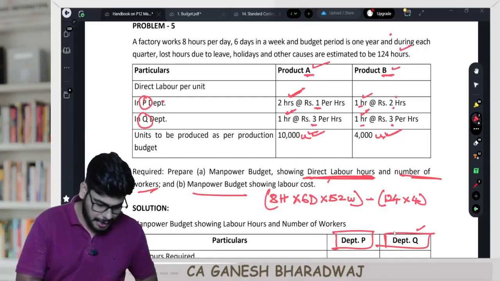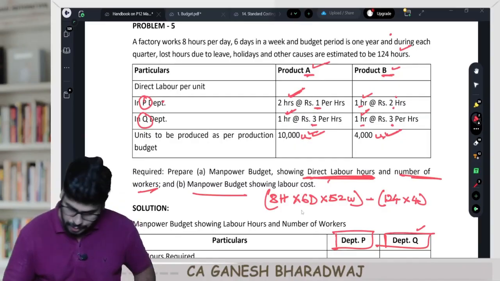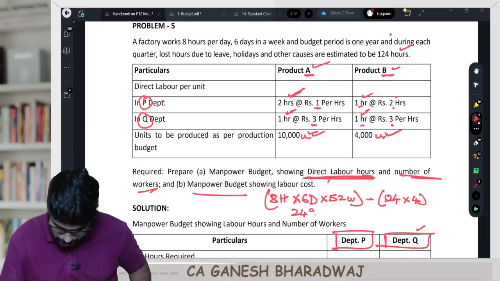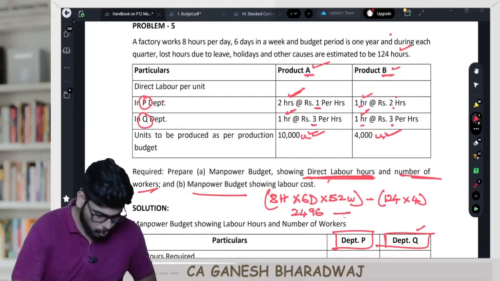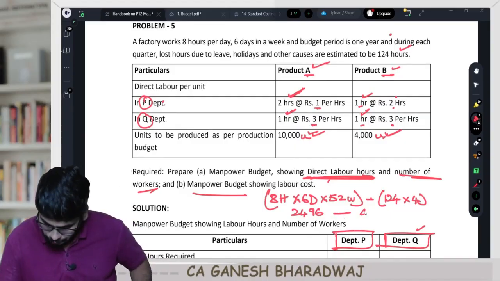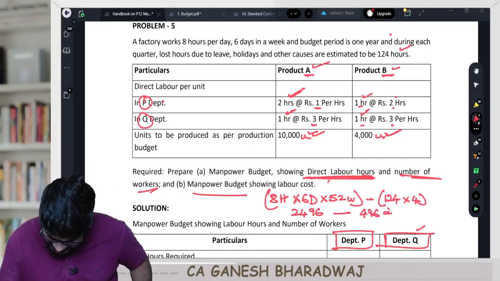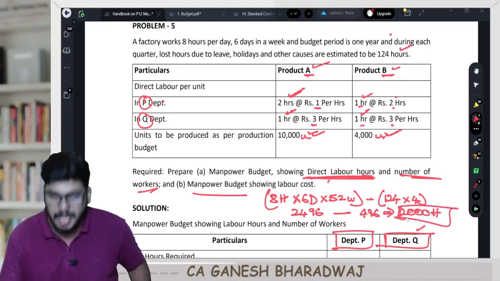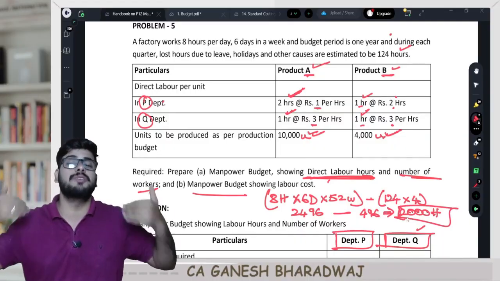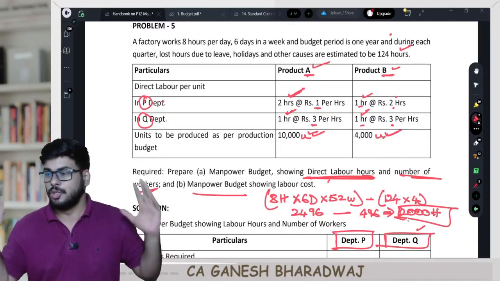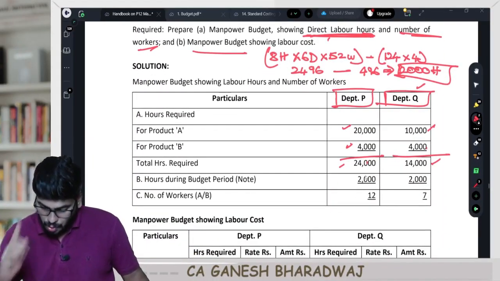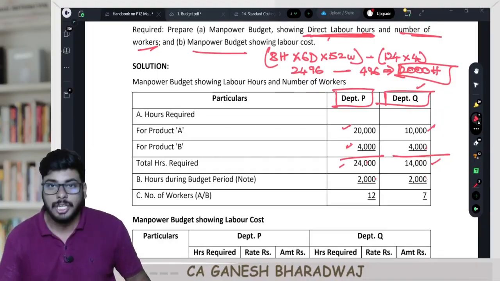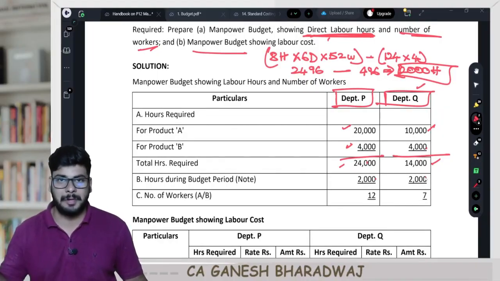It's going to be 8 into 6 into 52, which is 2496, minus 124 into 4, which is 496. So technically speaking, if you hire one guy, in a year, he can work for 2000 hours, whether he is working in Department P or in Department Q.